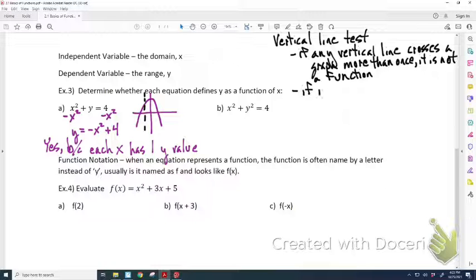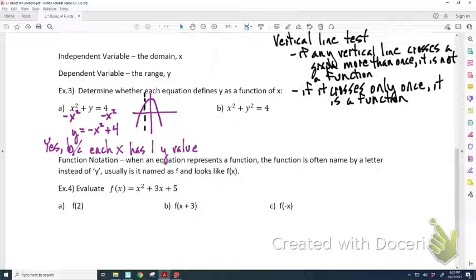If it crosses only once, it is a function. So, part A is a function.